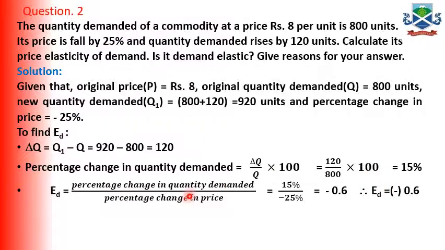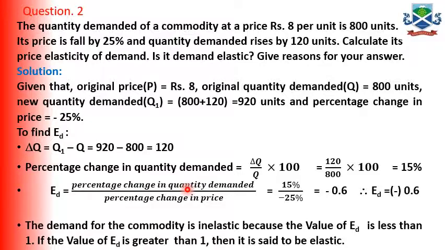Ignoring the minus sign, we look at the value 0.6 and check whether it is greater than 1, less than 1, or equal to 1, and the other different degrees of variation, as we learned previously. Since the ED value is less than 1, the demand of the commodity is inelastic.